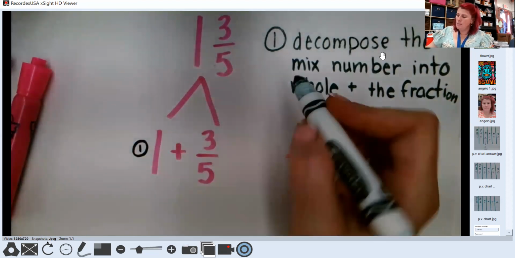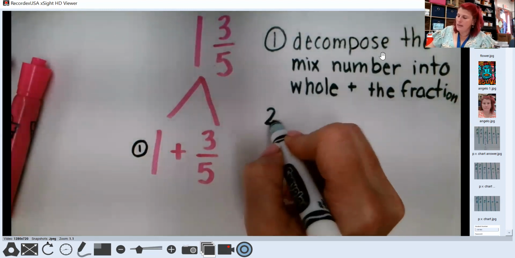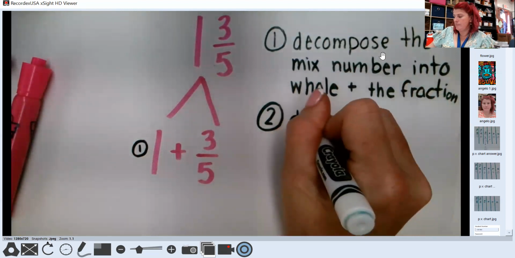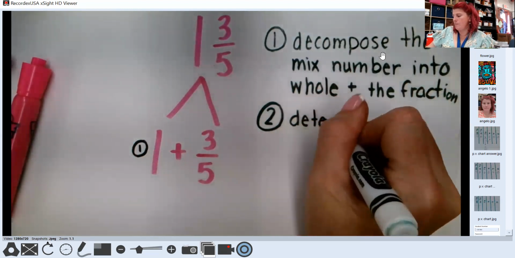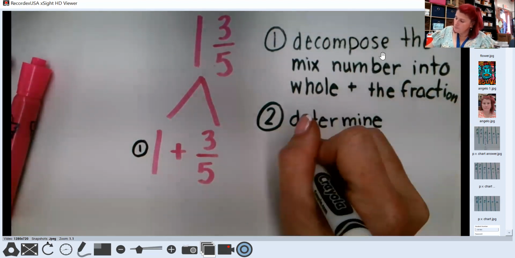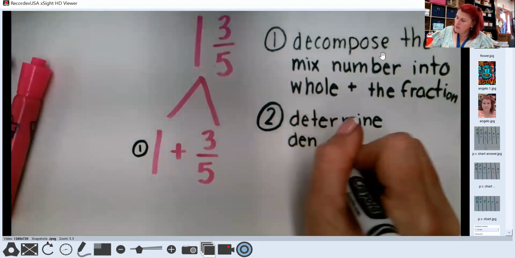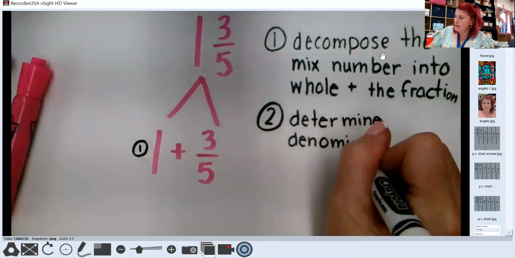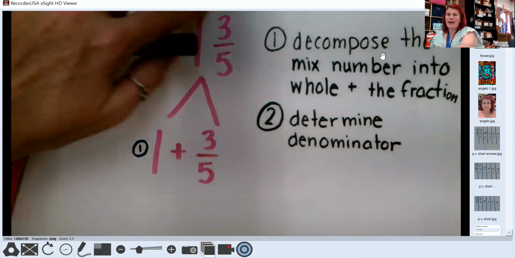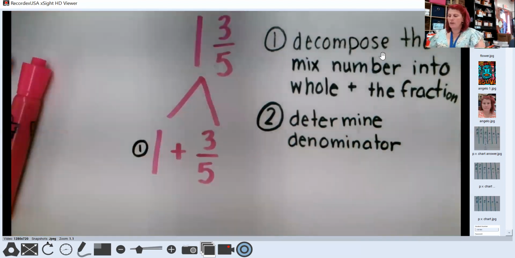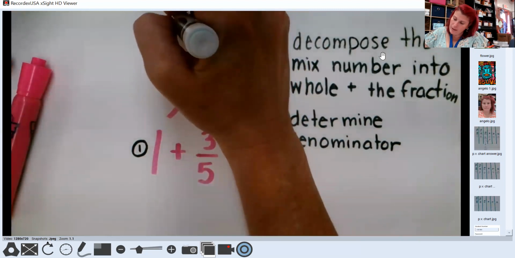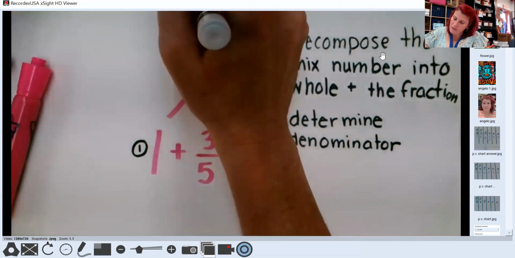The next step is to determine my denominator. D-E-N-O-M-I-N-A-T-O-R, determine denominator. All right, so I'm looking at my mixed number here. I know this is my whole number. Let me go ahead and label that whole number.